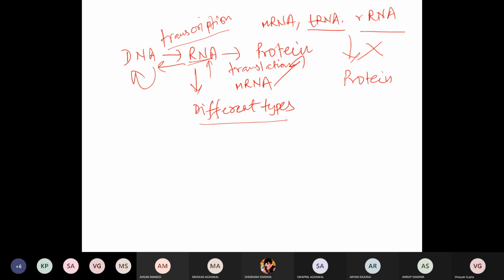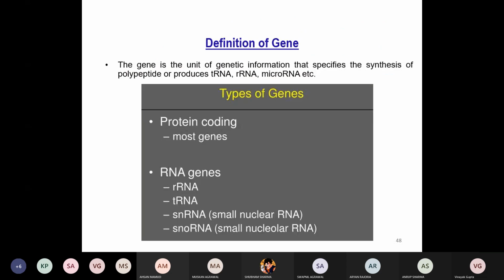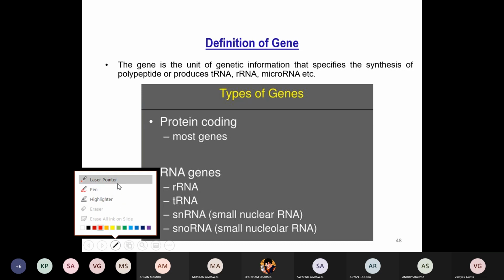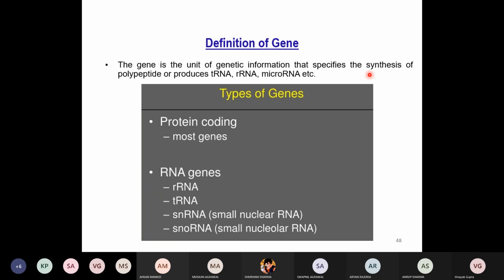Any doubt here? Okay, so the latest definition according to this concept, there are two types of gene: protein coding genes and RNA coding genes. So basically, a gene is the unit of genetic information that specifies the synthesis of a polypeptide, that means protein, or produces tRNA, rRNA, microRNA, etc. There are many other types of RNAs as well, like snRNA.